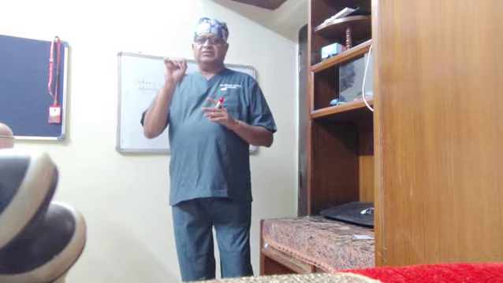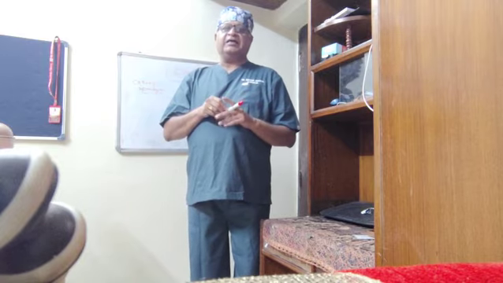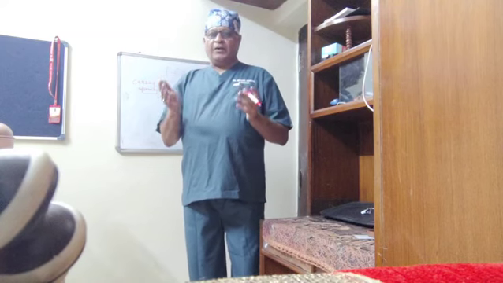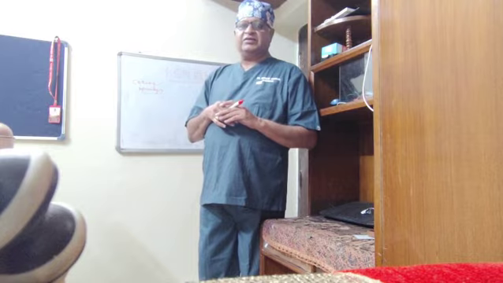Second, we open the posterior layer of the lienorenal ligament, and the spleen comes into the wound. And the other important attachment is called the gastrosplenic ligament, which contains short gastric arteries and epiploic vessels.